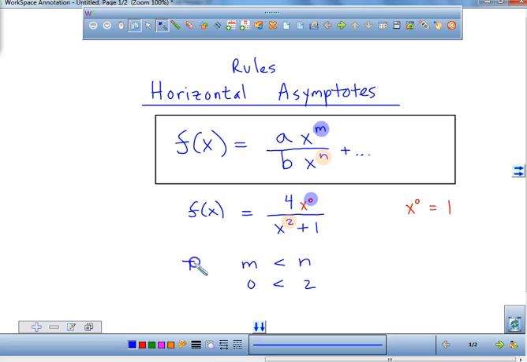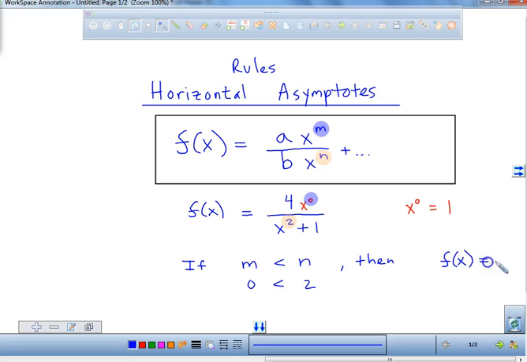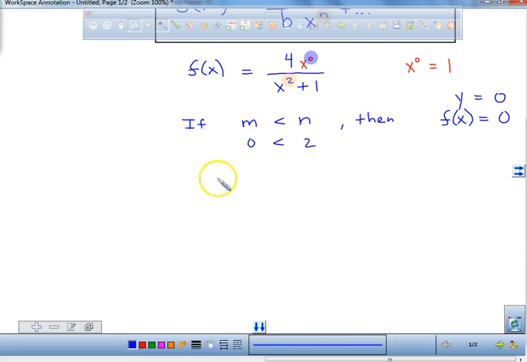So I'm going to put if m is less than n, which means if this exponent is less than this exponent, then f of x will equal 0, which means y equals 0, which means your horizontal asymptote is y equals 0.